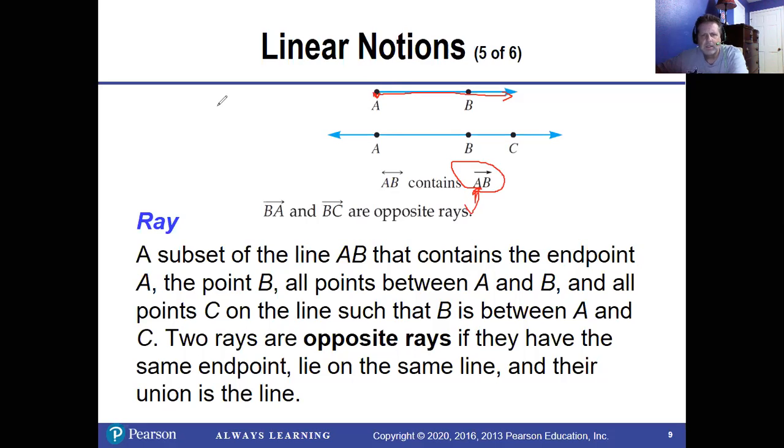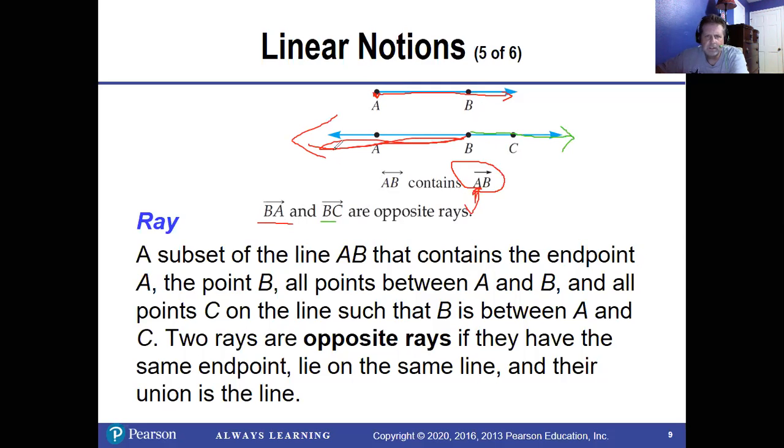Then we have what's known as opposite rays. This would be ray BA, this way here. And then we have BC, so BC would come this way.